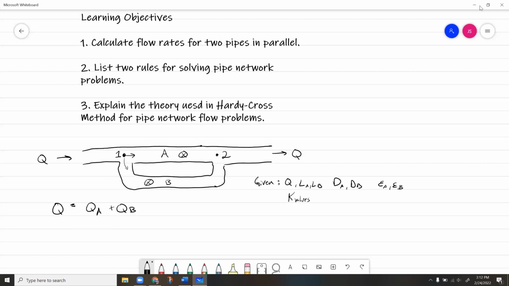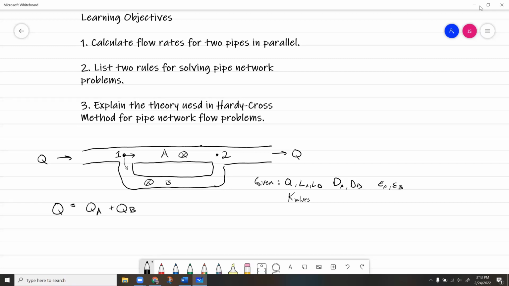And certainly we'll need to break it down into velocities to find out the head loss, right? Okay, so this is super basic, right? We know that the flow going in is going to be equal to how that flow splits, or partitions, among these two pipes. And that's going to be critical to solving this.